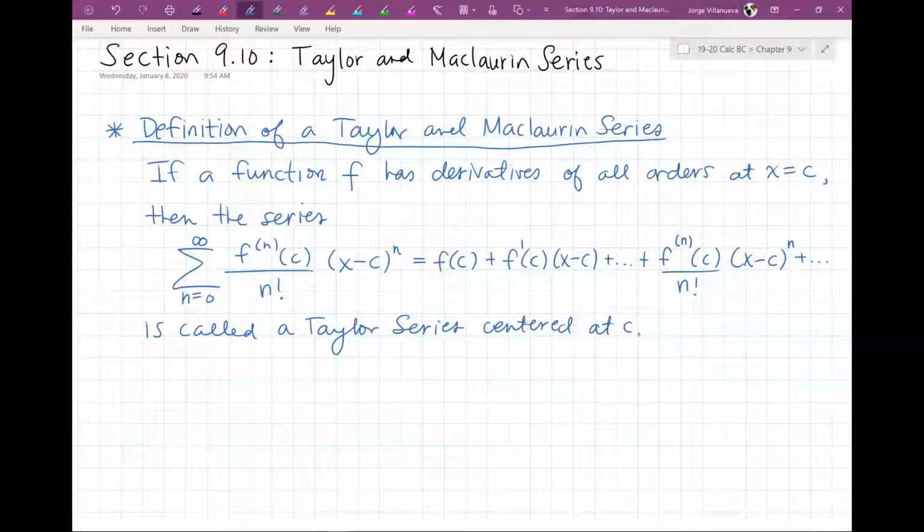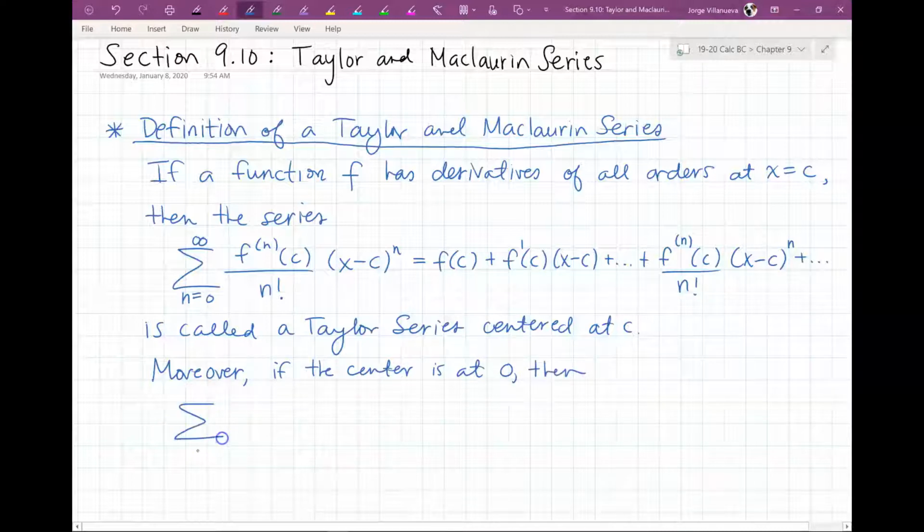As usual, they always talk about the Maclaurin one, so they'll say, moreover, if the center is at 0, then this series, as n goes from 0 to infinity of the nth derivative of f at 0 over n factorial, x to the n, is called the Maclaurin series.